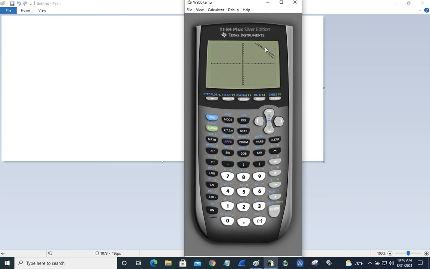and I see up here in quadrant 1, they are intersecting. So I go to second trace, I want to pick intersect, and then I hit enter, enter, enter. And it's going to tell me that my intersection point right up here is 6.85, or let's say 6.86, we'll round correctly, and 7.14.